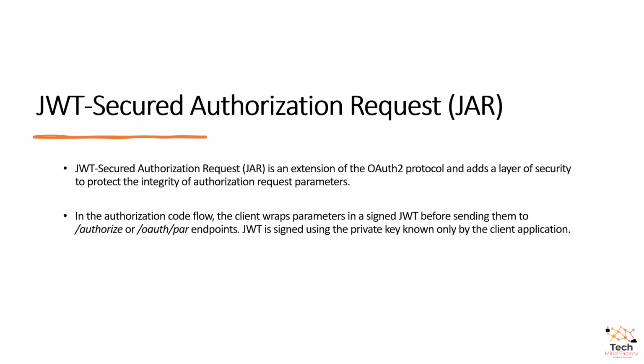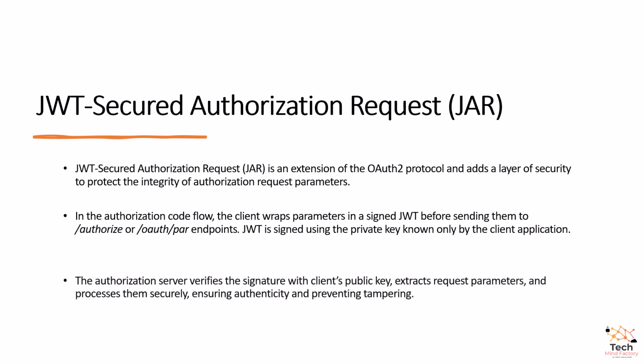And the authorization server, which is Auth0, verifies the signature with the client's public key, extracts request parameters, and processes them securely, ensuring authenticity and preventing tampering. So that's very important here. We can use JWT-Secured Authorization Requests with the standard authorize endpoint and with the PAR endpoint. So it's really a great feature.